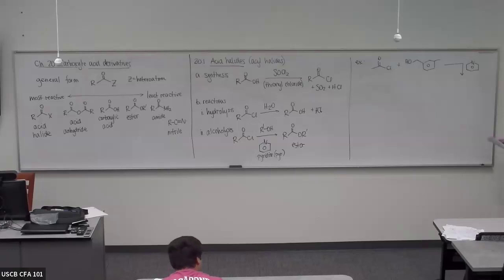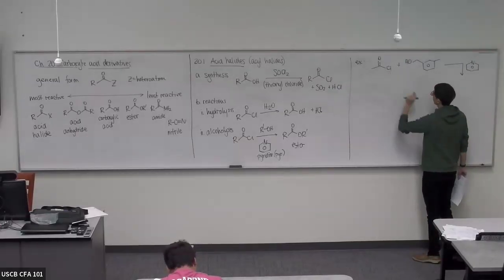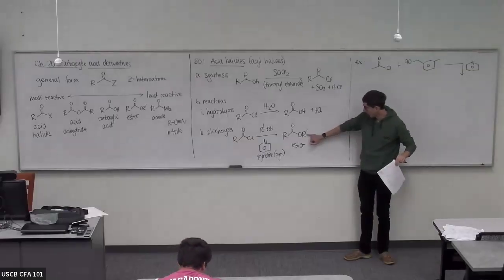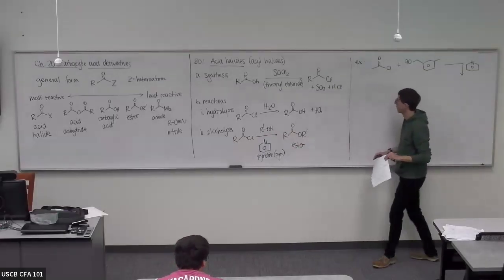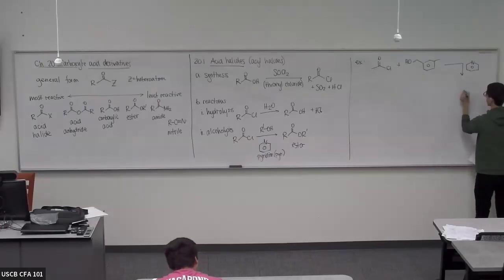What do we get? Well, we know we're going to have an ester here instead of our acid halide. And the R group on the ester is going to be whatever was attached to the alcohol. So that's just going to be this whole organic group here.